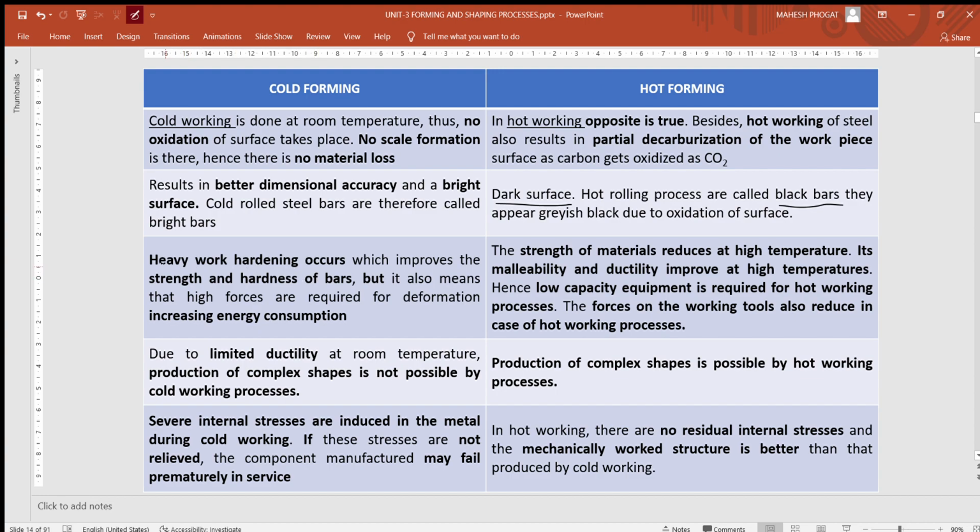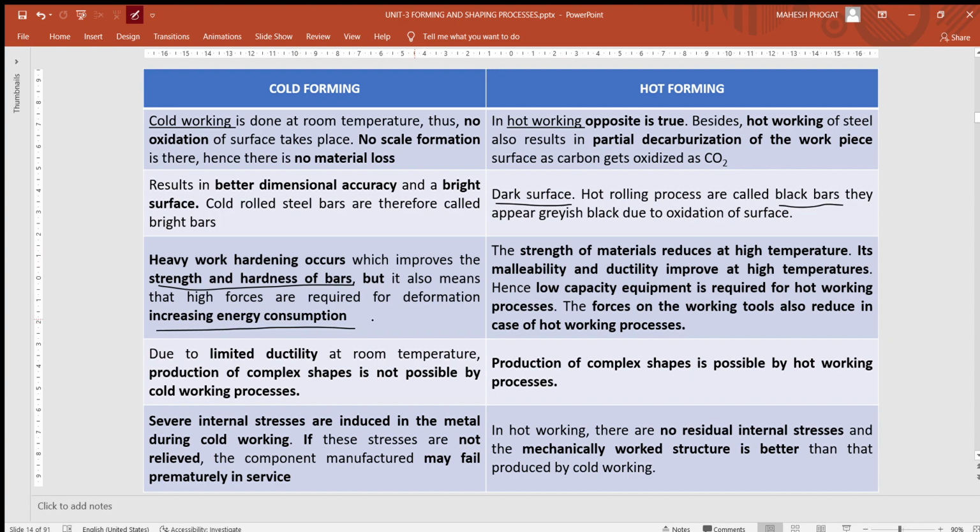The third point is that heavy work hardening will occur, that is, strain hardening will occur in cold forming processes, which improves the strength and hardness of the bars. But there is also a disadvantage of strain hardening: as we have already discussed, it requires more force to deform once the dislocations are piling up, so there will be an increase in energy consumption.